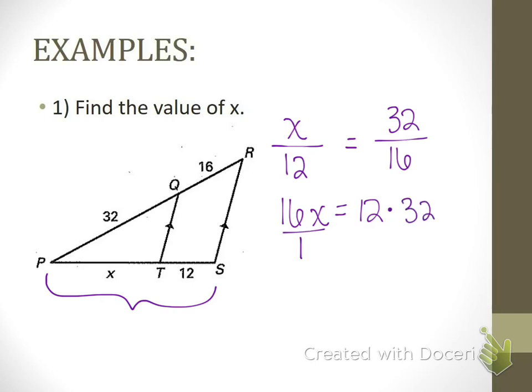If you have a calculator, that makes this pretty easy. Since I'm standing back here without one, I'm going to simplify before I multiply. How many times does 16 go into 32? Twice, which makes our denominator a 1. So I really just have to take 12 times 2, and I get x equals 24.